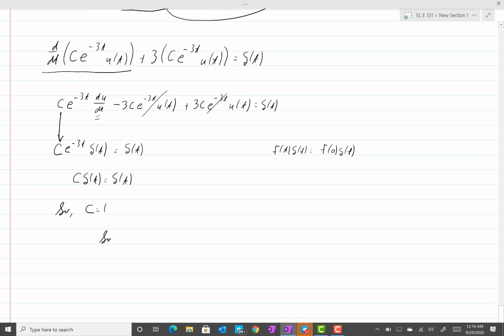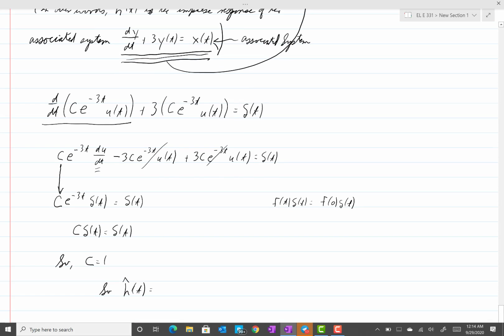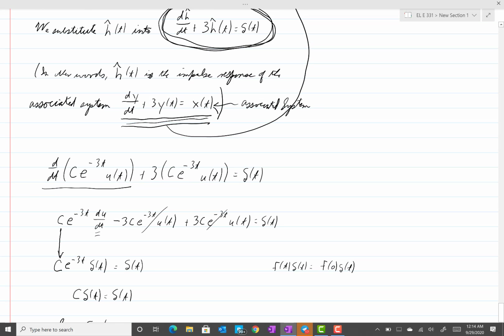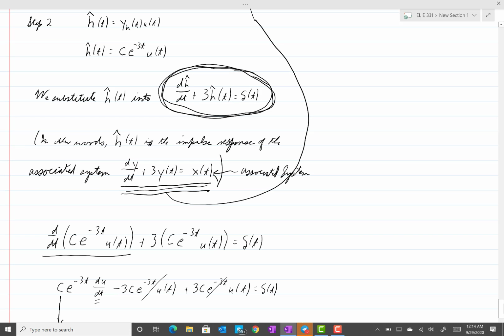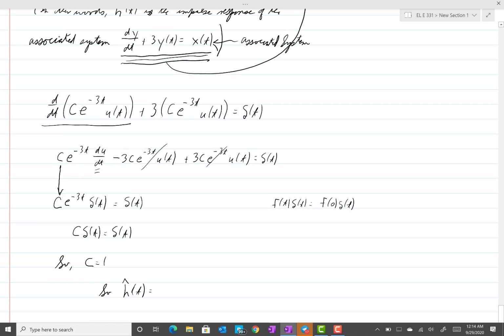So h hat of t, plugging in 1 for c, is equal to, you can see up here, just e to the minus 3t u of t.